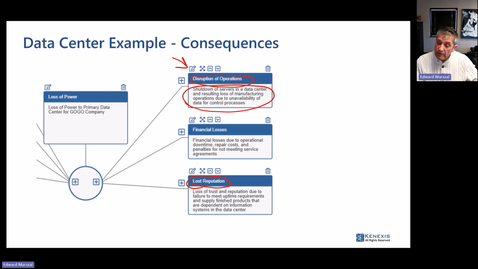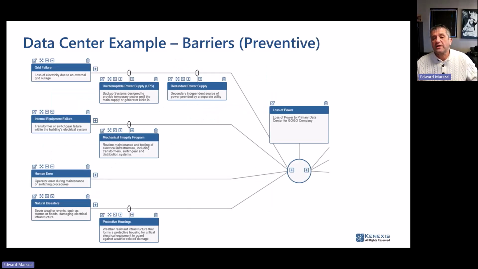So at this point, we've got our threats, we've got our consequences, we've got our top events. Now we're going to start putting in barriers, and we're going to start on the left-hand side and put in the preventive barriers. So for instance, for grid failure, I've got two preventive barriers.